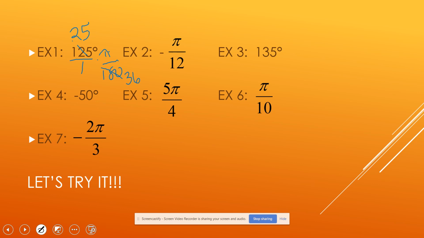Then we can multiply across. 25 times pi is 25 pi over 180.